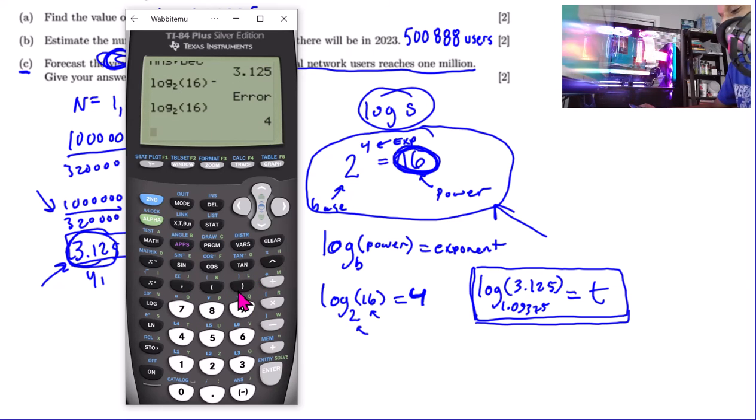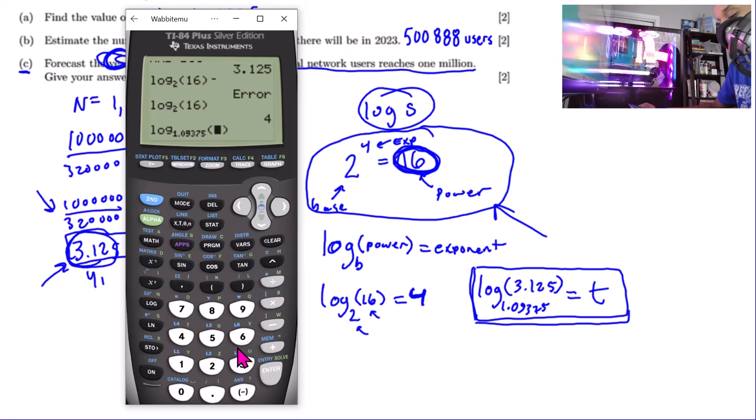So now let's try that with our problem that we want to do here. Alpha, F2, number 5. Our base is 1.09375.